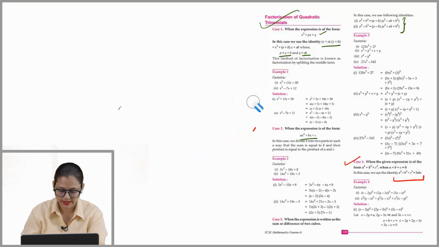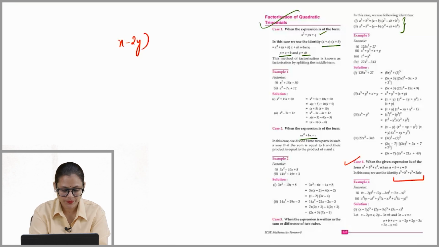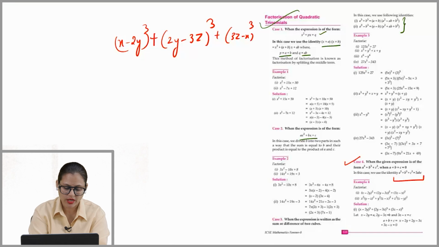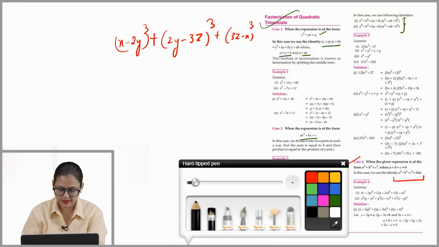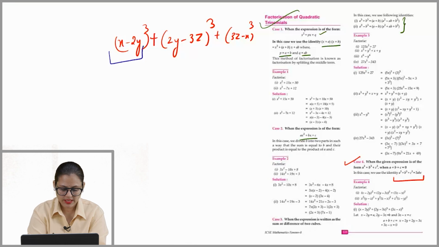What does this example say? Okay, so we have this example, x minus 2y cube plus 2y minus 3z cube plus 3z minus x cube. Okay, so according to the identity a cube plus b cube plus c cube is equals to 3abc, this is a, this is b, this is c.